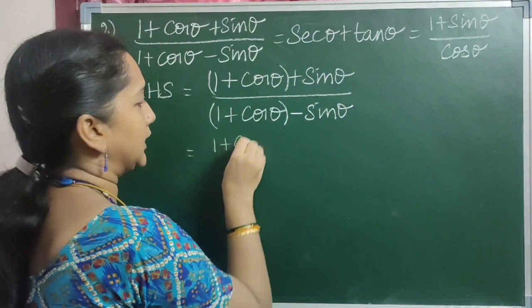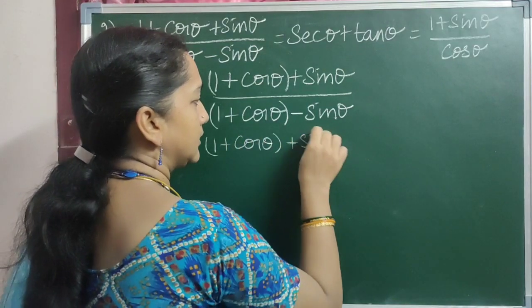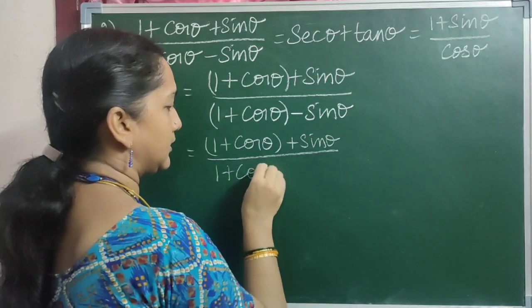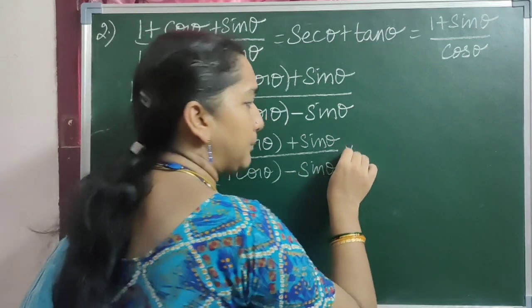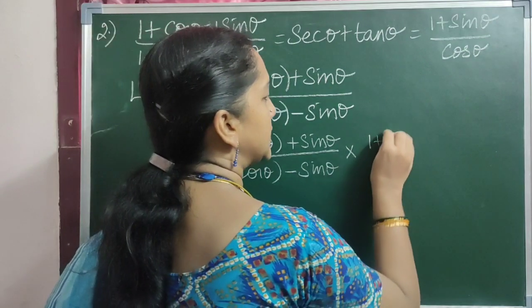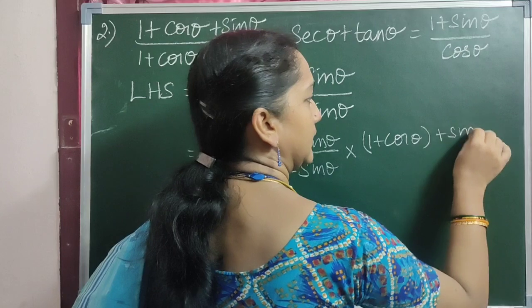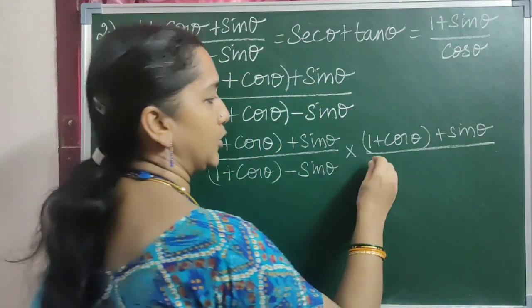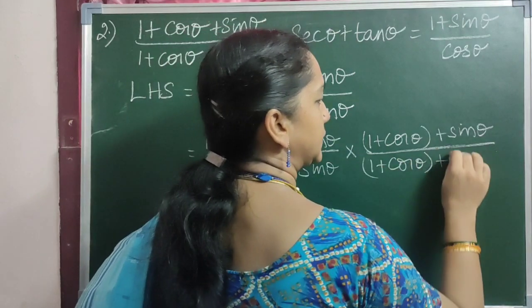So (1 plus cos theta plus sin theta) by (1 plus cos theta minus sin theta), and I am going to multiply both the numerator and denominator by (1 plus cos theta plus sin theta). Here you have minus, so I am going to multiply this by plus sin theta.